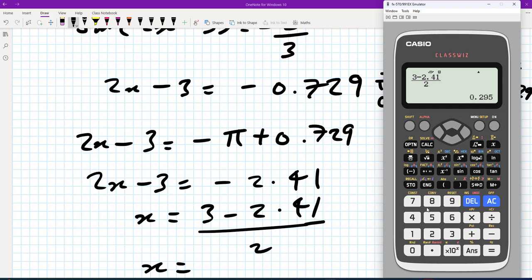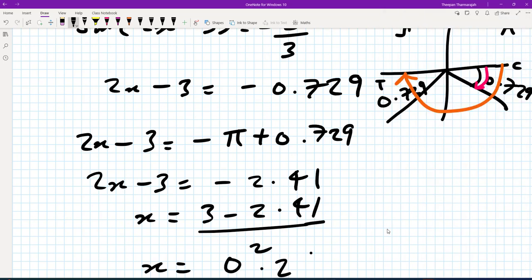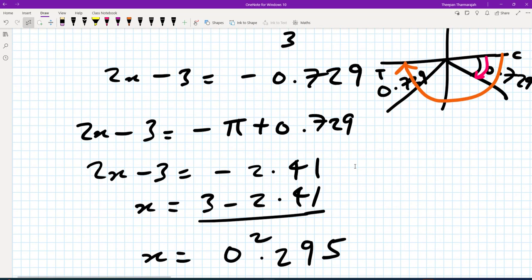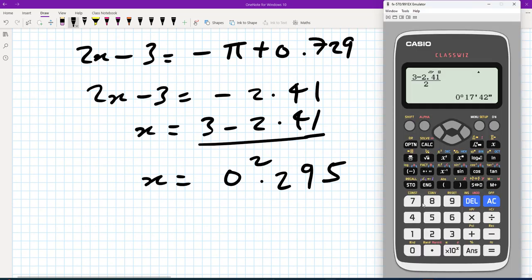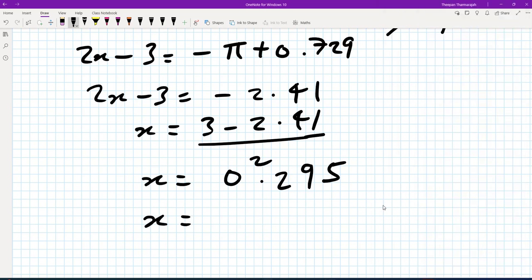And that will give me 0.295 approximately. And if we were to convert that into seconds, we can just press this button here and we get approximately 17.6 seconds.